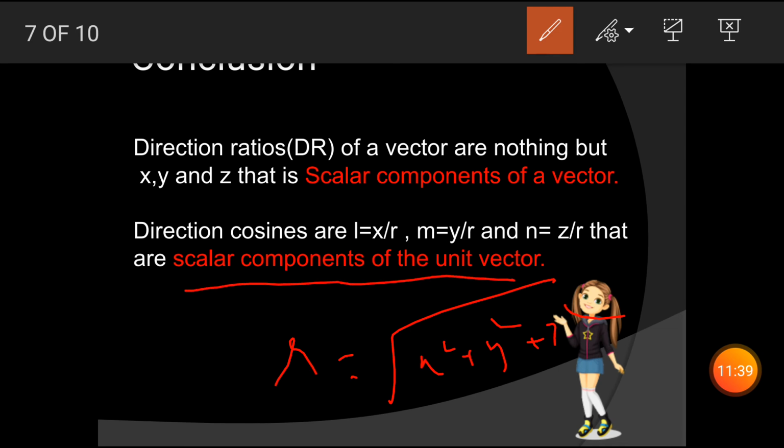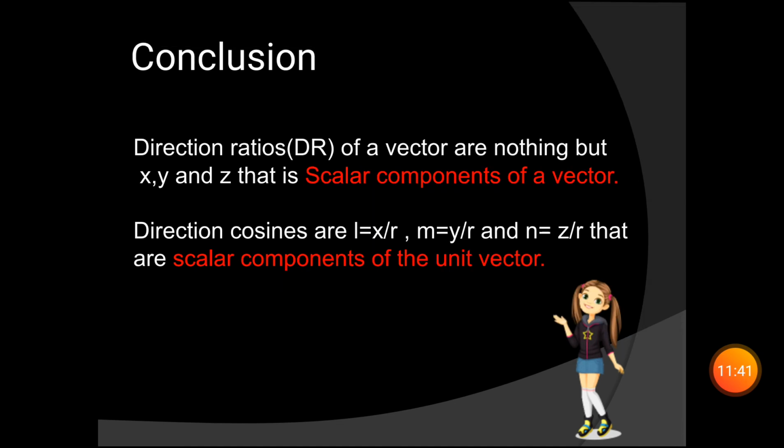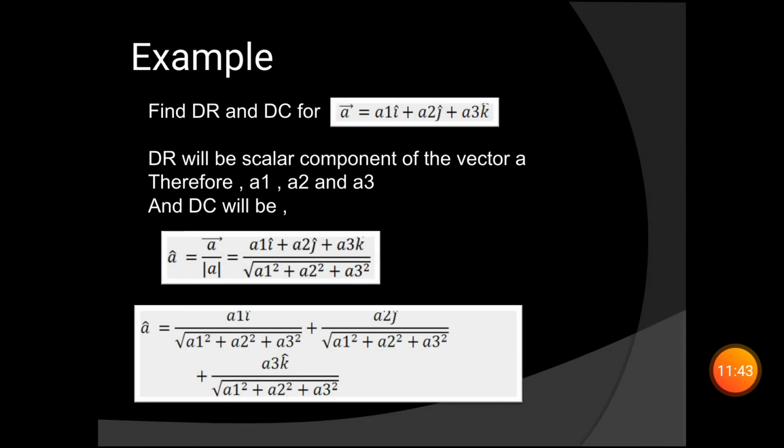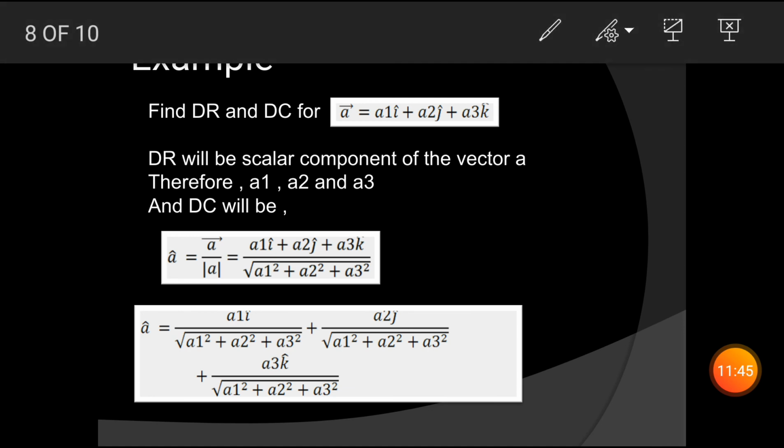So how to find it out? Just take an example. Suppose you are asked to find the direction ratios and direction cosines of the vector a1i, a2j and a3k. So DR is the scalar component, so you directly write a1, a2 and a3.